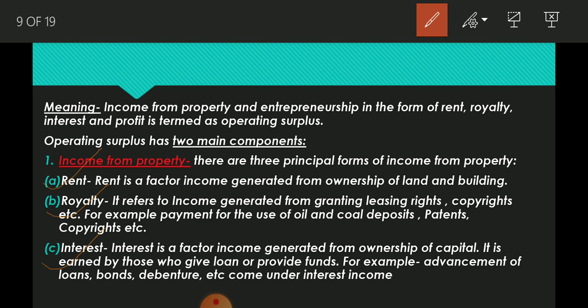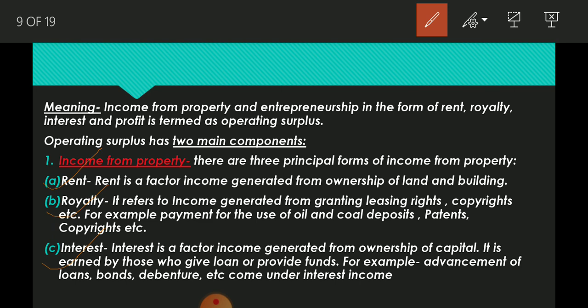It means the Dabur company gives authority to a manufacturing company to use its trademark. The company using the trademark of Dabur has to give some money, and that is taken as a royalty.